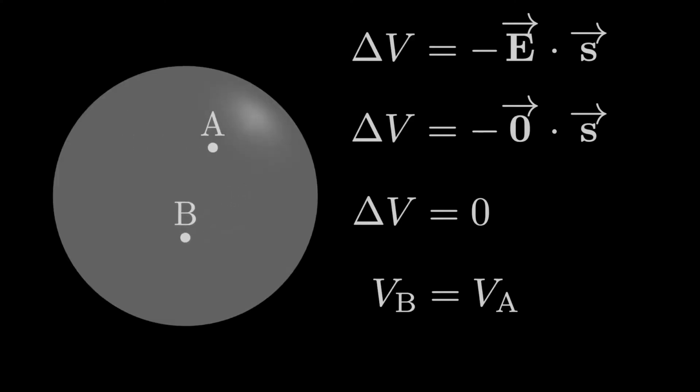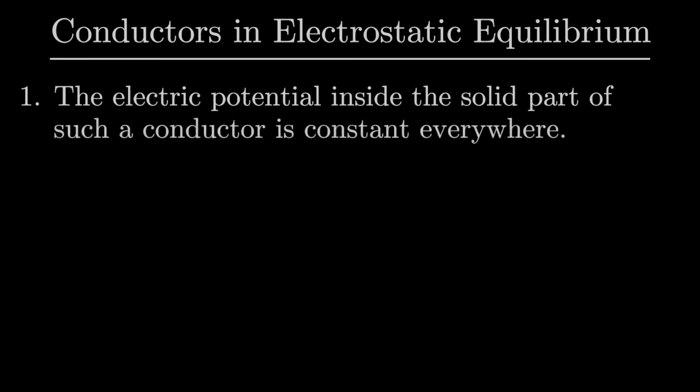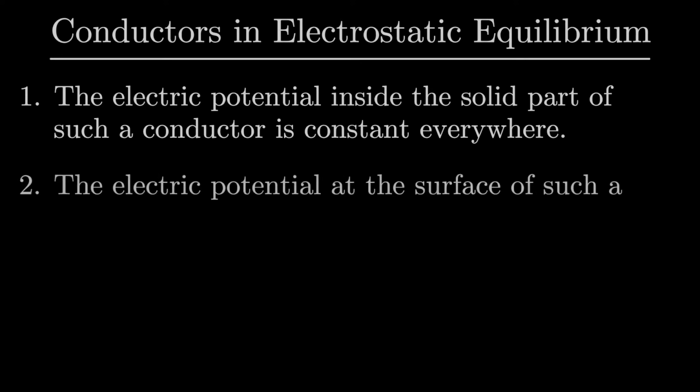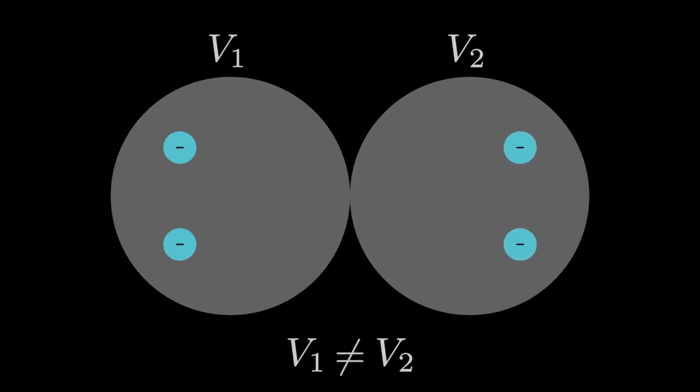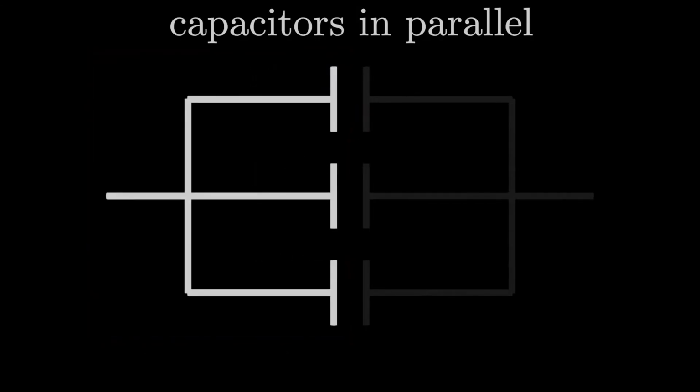And we remember that an important thing we know about conductors in electrostatic equilibrium is that the electric potential is constant throughout the conductor and at the surface of the conductor. This makes sense since if the electric potential weren't constant, we would have charges moving around until the electric potential were constant. Then that means since each of these plates is connected to each other, they're all at the same electric potential as each other.